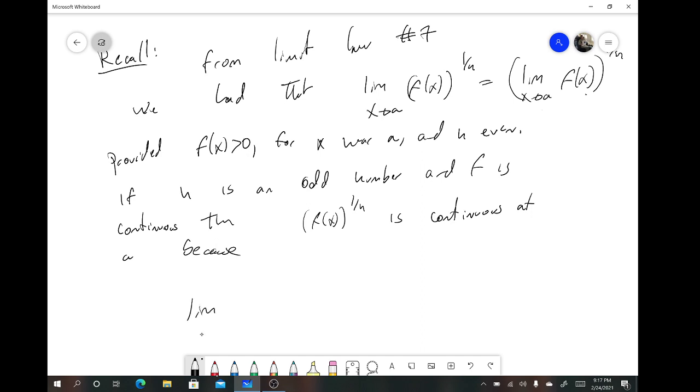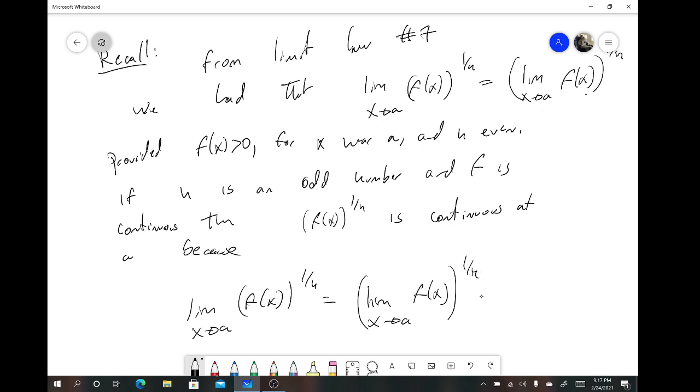Because the limit as x goes to a of f of x to the power 1 over n is the same thing as the limit as x goes to a of f of x, to the power 1 over n.